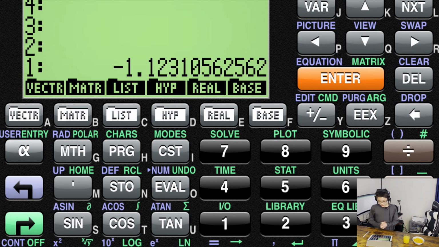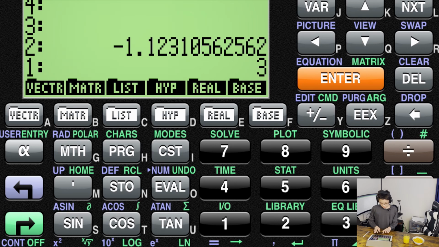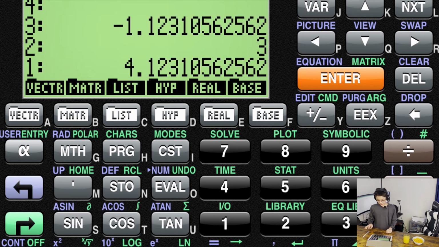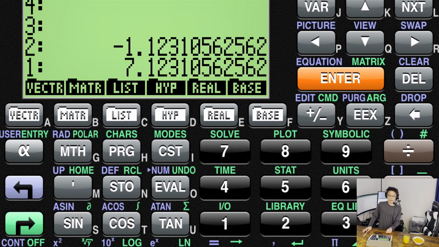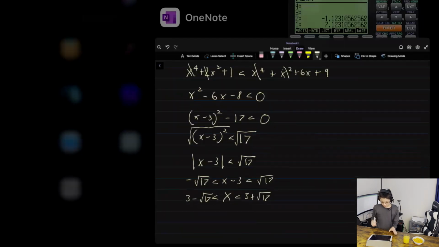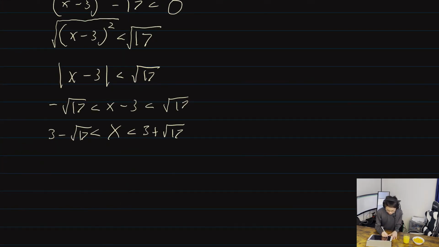And now let's do the same for our right, except that this time it's going to be addition. So 3, enter, 17, square root, add. So now we have our estimated values of negative 1.1 and 7.1. So we can just throw these in. So negative 1.1 will be less than x, and x will be less than 7.1.